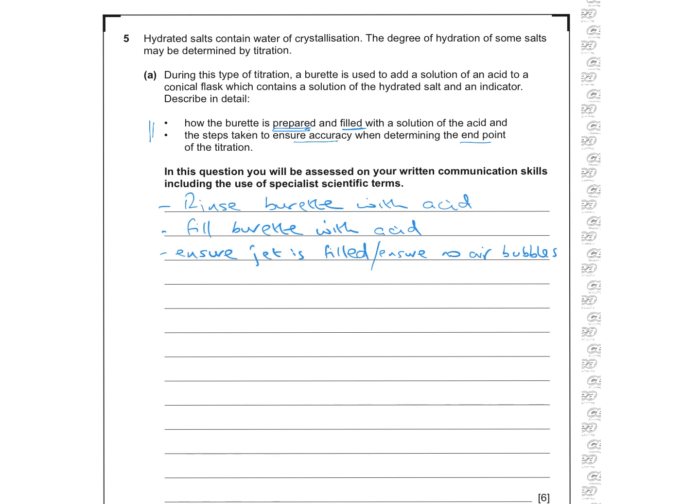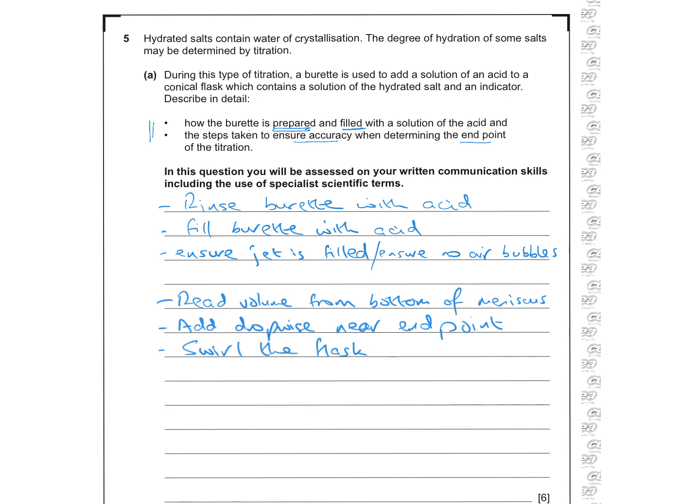The volumes have to be read from the bottom of the meniscus. Then we want to add the acid dropwise near the end point. And a final thing we could put in here is swirl the flask, because obviously we want to make sure that the reagents are thoroughly mixed with each other. Just be careful here that you use the word endpoint and don't say add dropwise near the end of the reaction. It has to be endpoint.